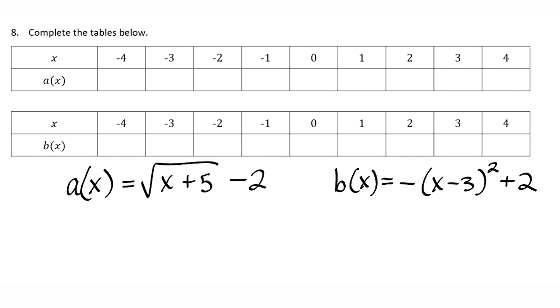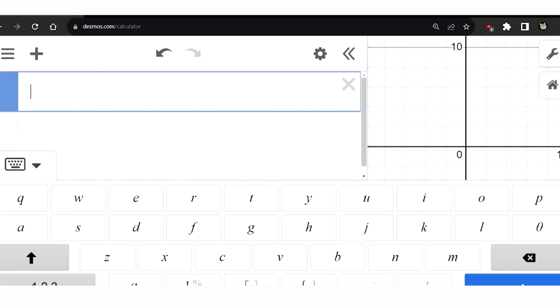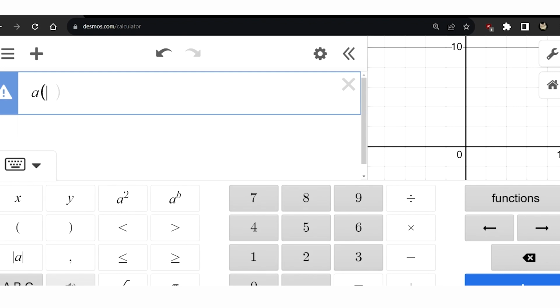I'm going to go ahead and go to Desmos, and I'm going to type in the function a of x equals square root of x plus 5 minus 2. So here I go. I'm going to type a parentheses x, right, function notation, equals square root expression, x plus 5. Now that's inside the function, and then outside it's minus 2. And of course on Desmos, it'll always autograph it, but I want a table.